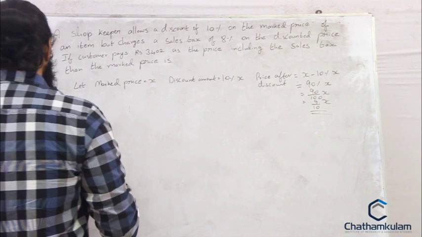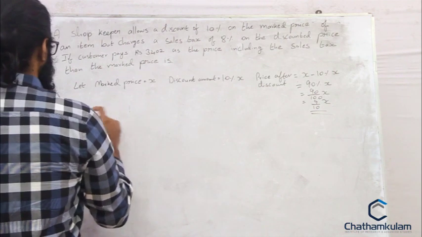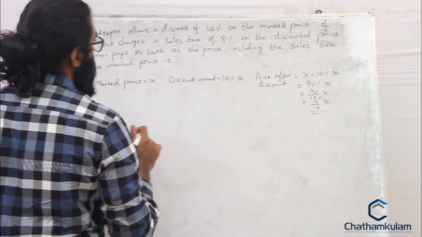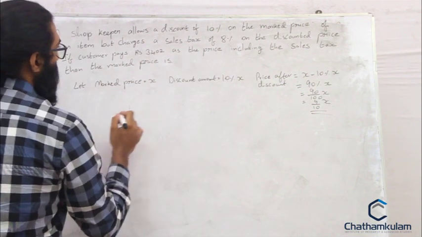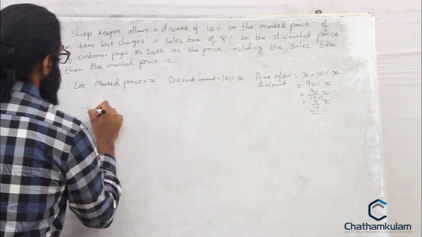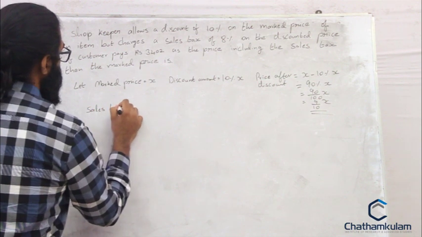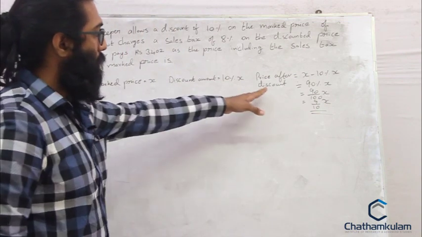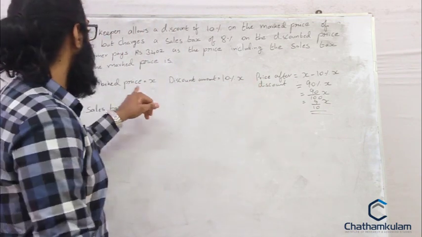So let's next calculate the tax amount. Sales tax we calculate on the price after discount, not on this amount.